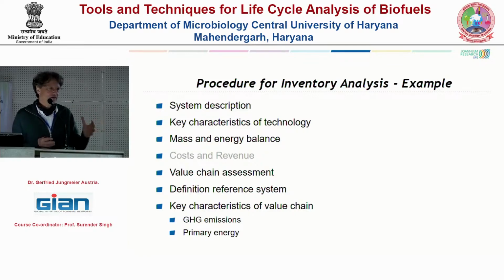If it's so far away from any commercial application, but it's not part of LCA, because LCA has nothing to do with money, nothing to do with euro, with dollar, with rupee. It's a pure technical unit. Then the different value chain, the definition of the reference system, and of course the key characteristics in the impact assessment on the greenhouse gases.